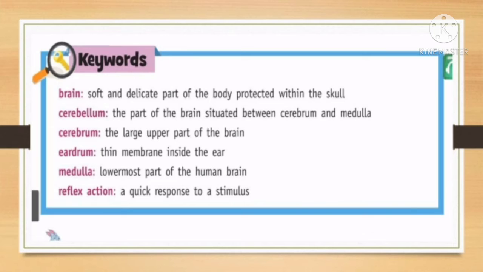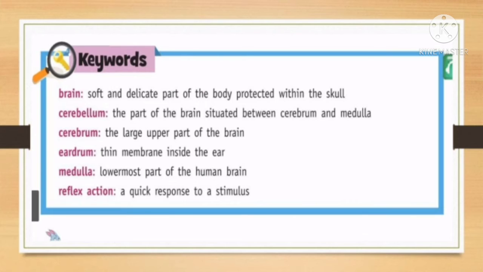Eardrums take the sound and convert it to vibrations, and then send these vibrations to the nerves present in the body, near the ear. Now next word is medulla. It is the lowermost part of the human brain.